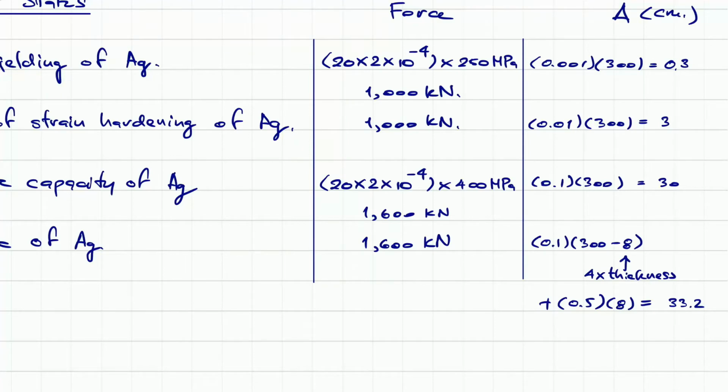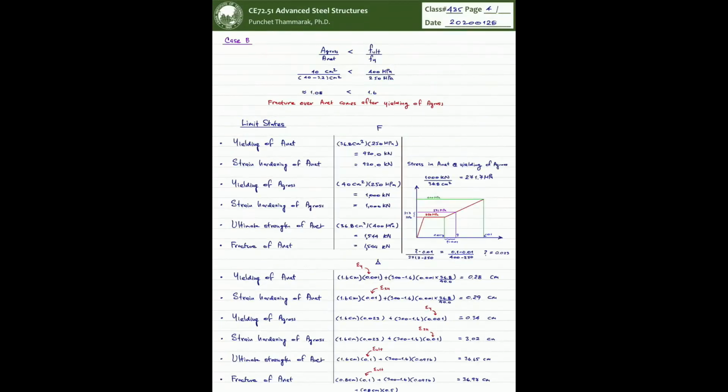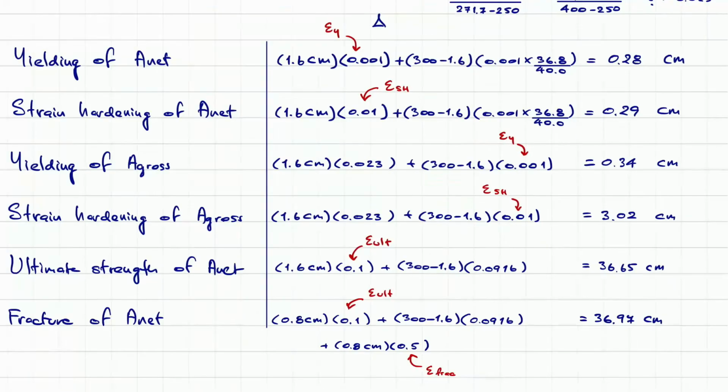How does it undergo larger deformation than 33? 0.1 multiplied by that, and then 0.5 multiplied by the larger fracture. Is there anything wrong?